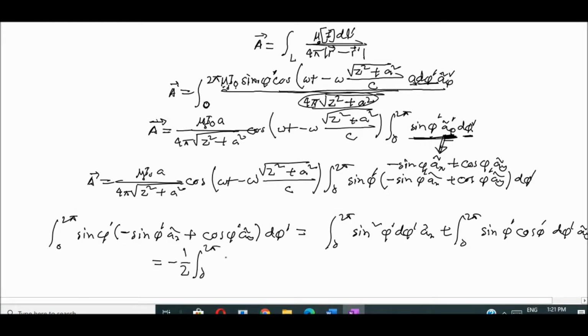Sine square is 1 minus cosine 2 phi over 2, so 1 minus cosine 2 phi prime d phi prime in x. And sine times cosine is half, integral 0 to 2 pi of sine 2 phi prime d phi prime in ay.